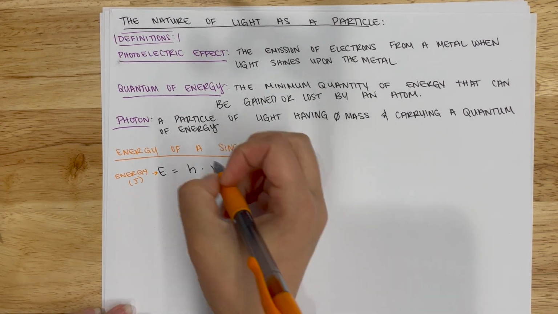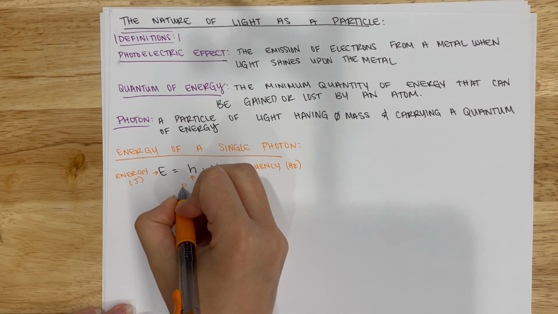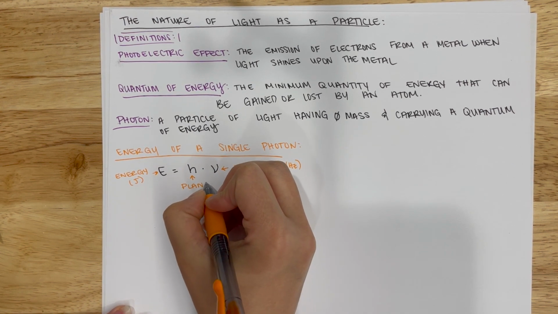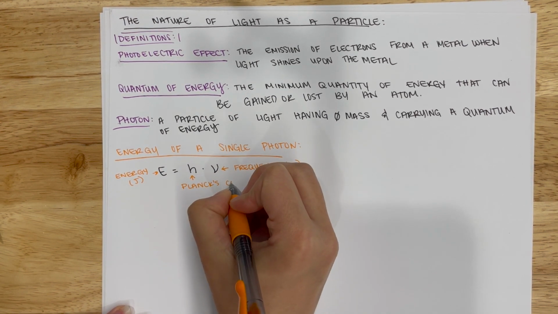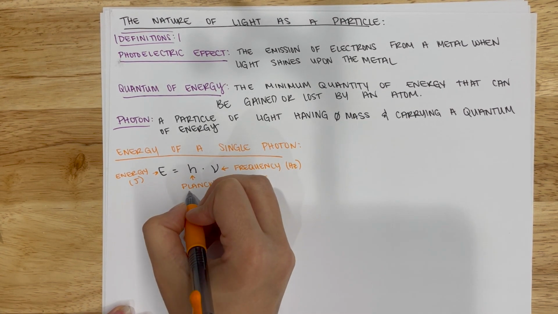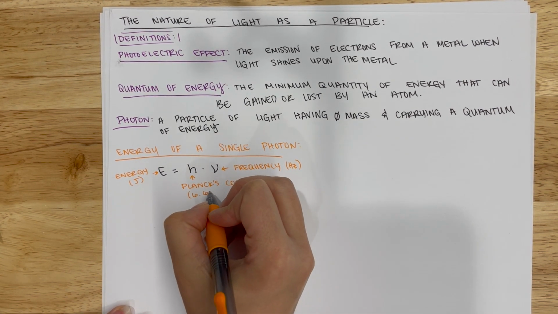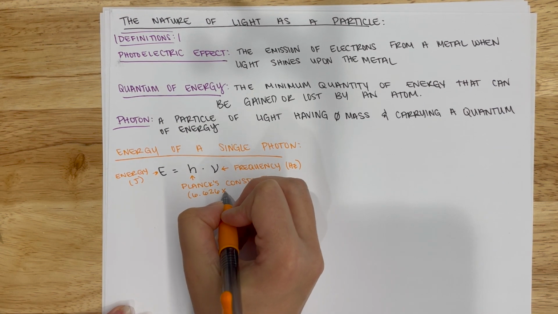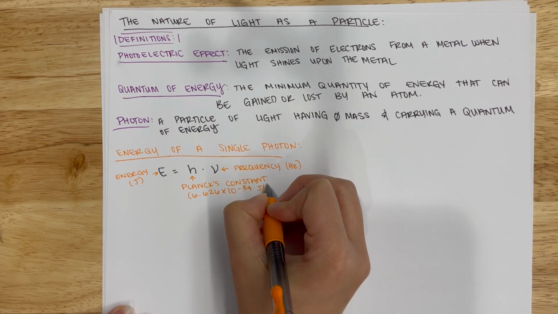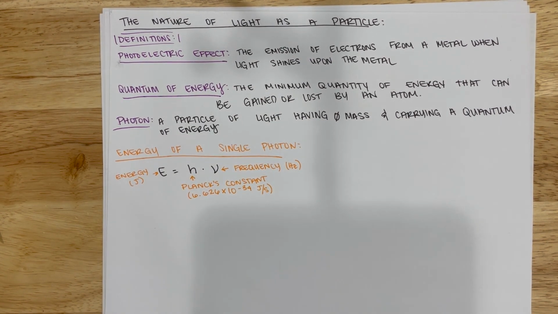And then we have h. This is Planck's constant, right? So this is a value that stays constant. And its value is 6.626 times 10 to the negative 34 joules per second. Sorry, joules times seconds.